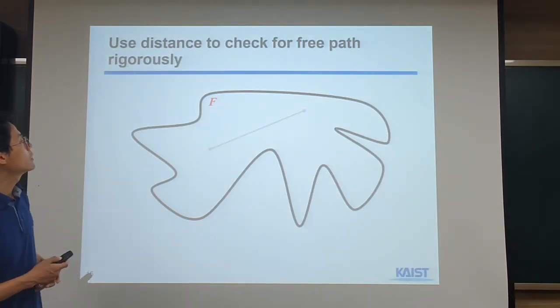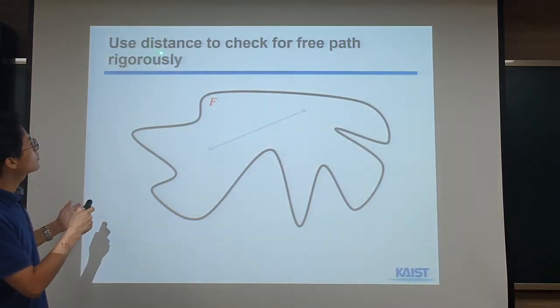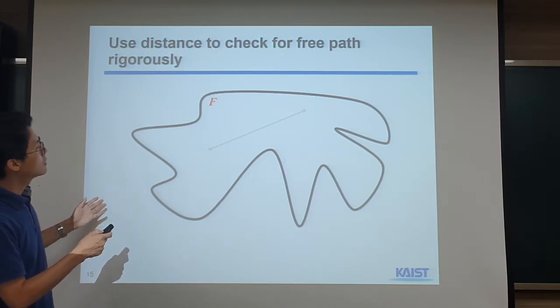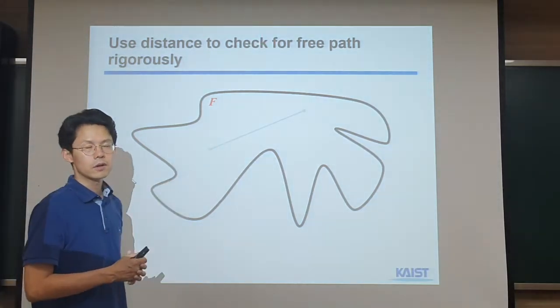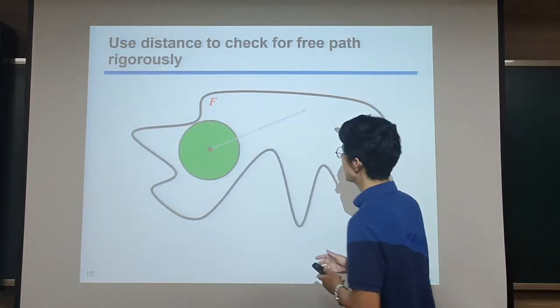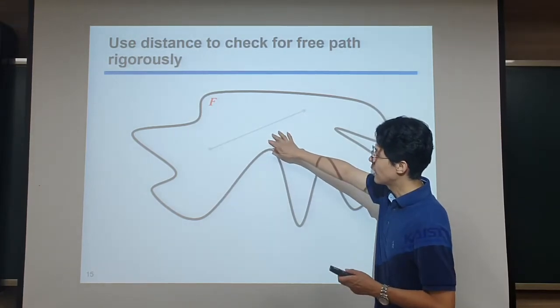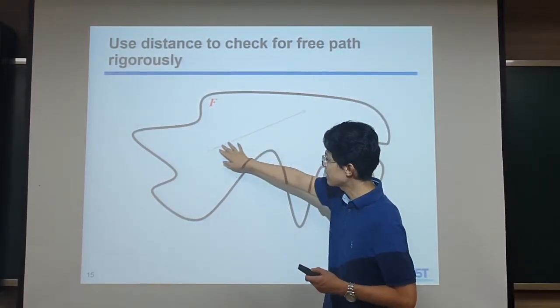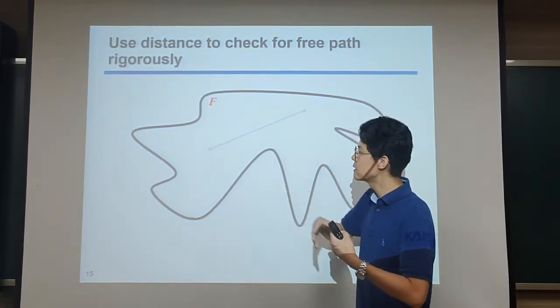Another approach is that we can also use distance computation to check whether a line segment is collision free or not. Suppose that we have this line with these two end points, and along this line segment we want to check whether it is a collision free path.